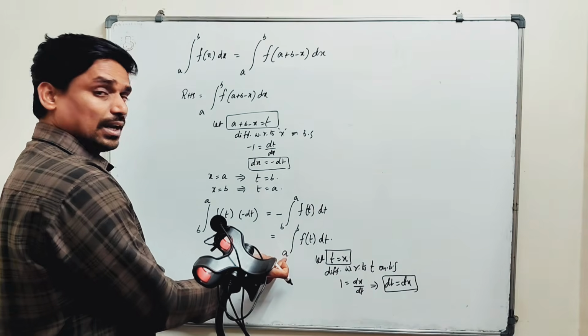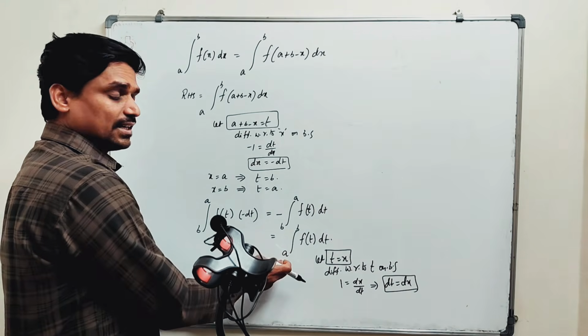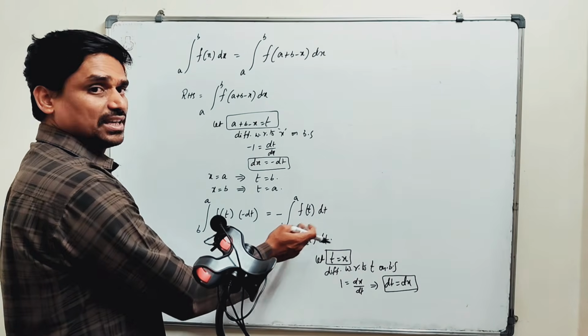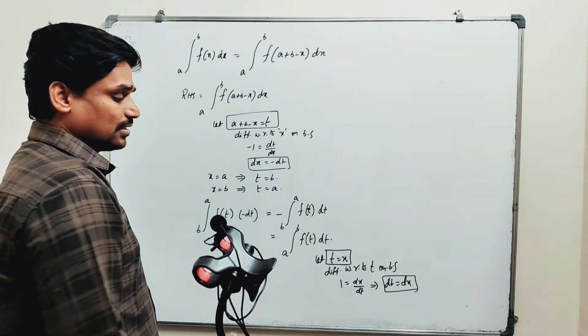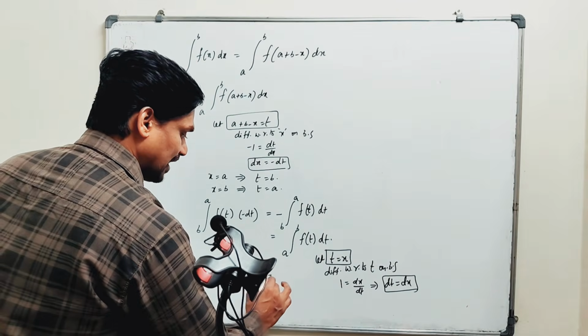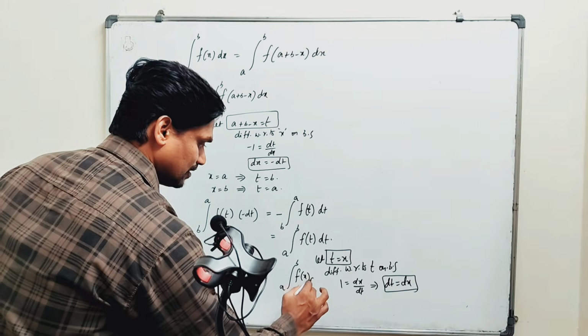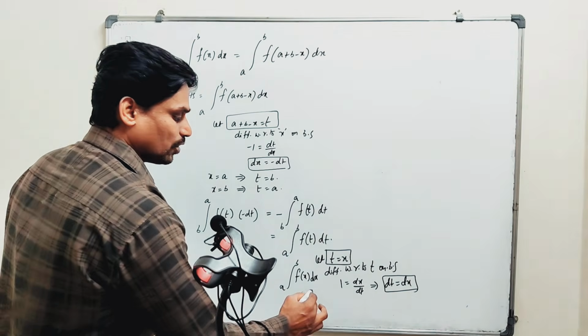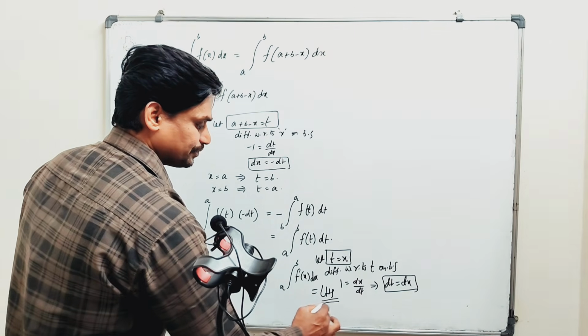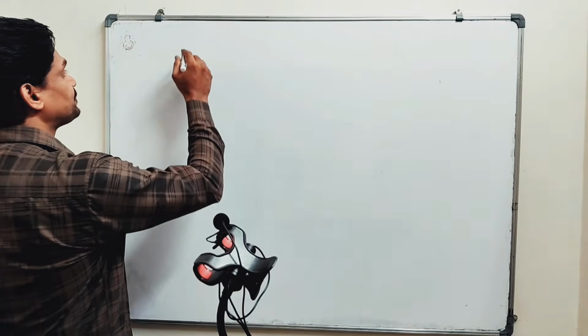And for the lower limit, where t is a, x is also a. Where t is b, x is also b. So the limits remain the same, which gives integral a to b f of x dx, which is nothing but the LHS.